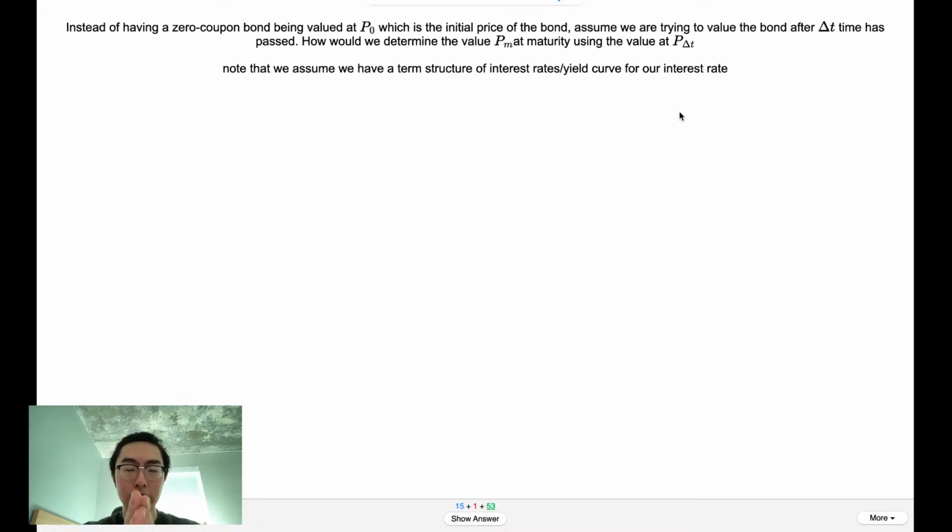If we have a term structure or a yield curve, and we want to value the bond delta t after delta t has passed, let's assume we also have the price at delta t, so P delta t.